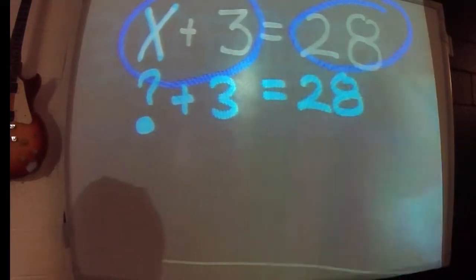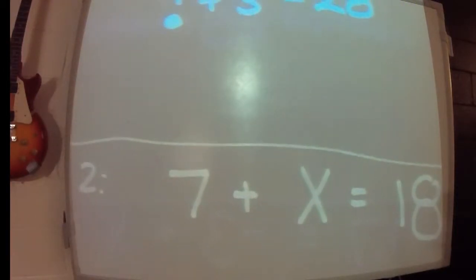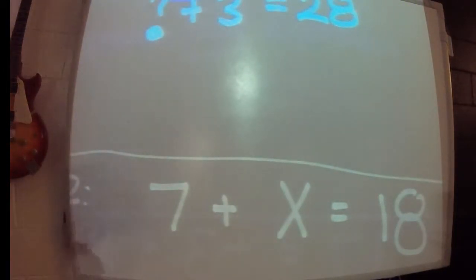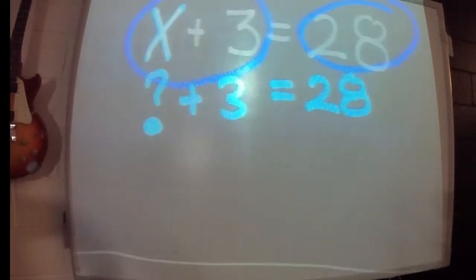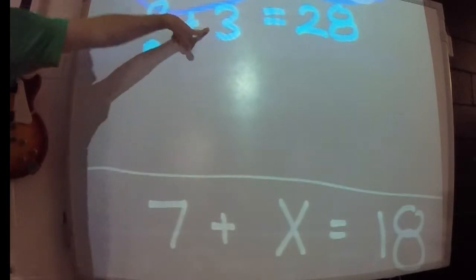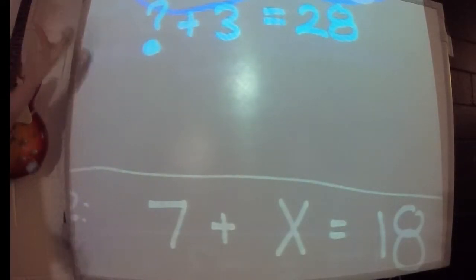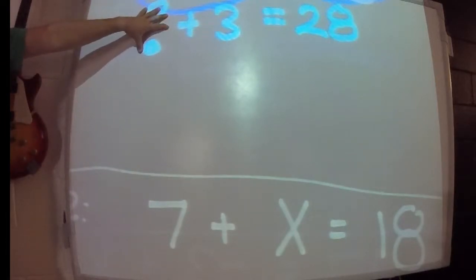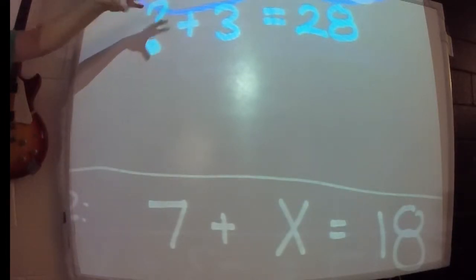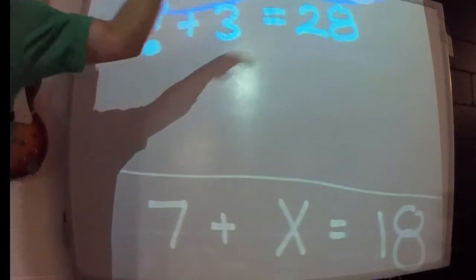For some reason, we seem to understand the question mark better than the X. What we're really asking when you see X plus 3 equals 28 is, what number, if you added 3 to it, would give you 28? 25. That's all you're trying to figure out: what number should have been where the X was? 25, because 25 plus 3 is 28.